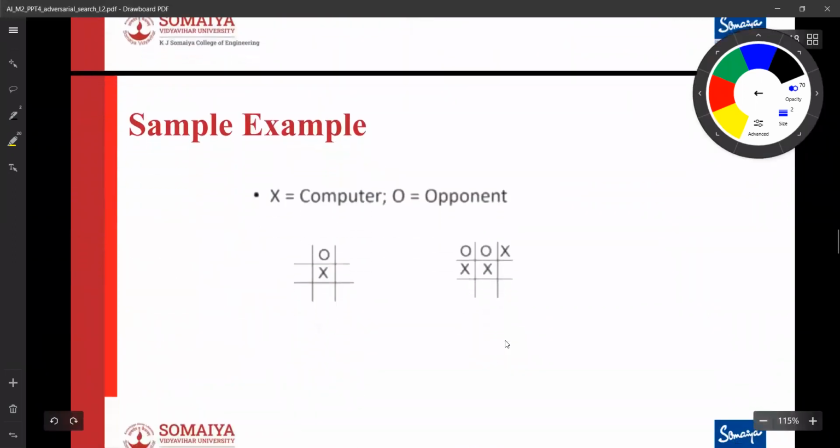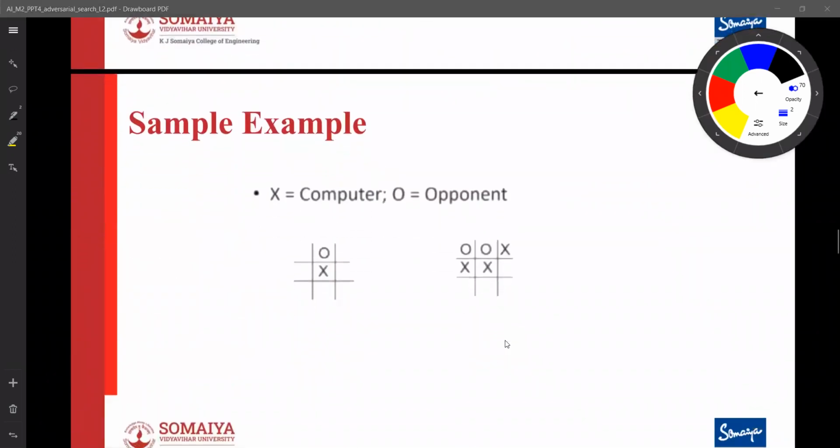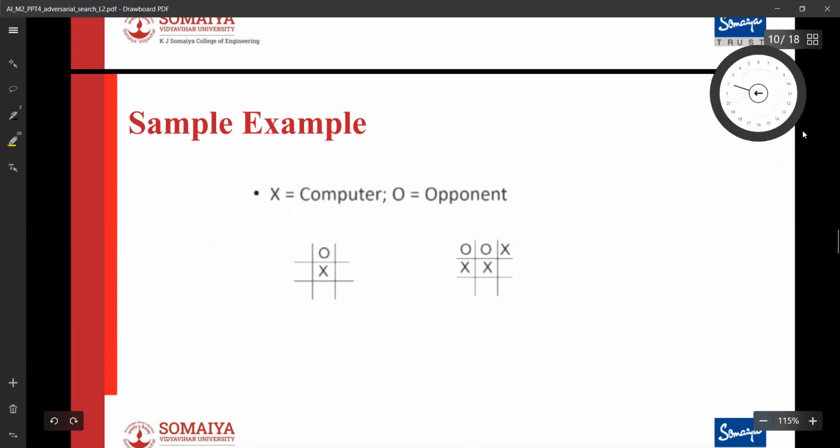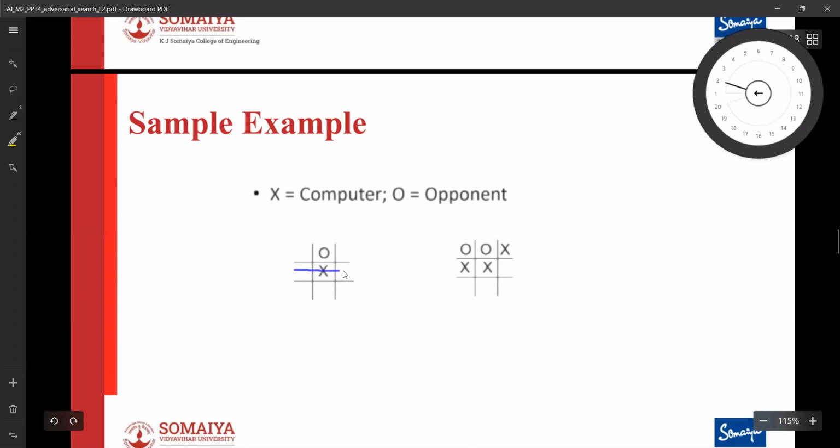So let's say this is the example. Suppose in the first case I have stopped somewhere here, what are the chances of X winning? If you see, this is 1, 2, 3, 4, 5, and 6.